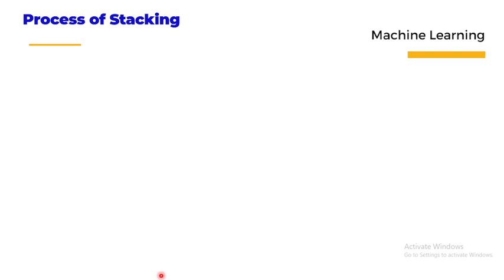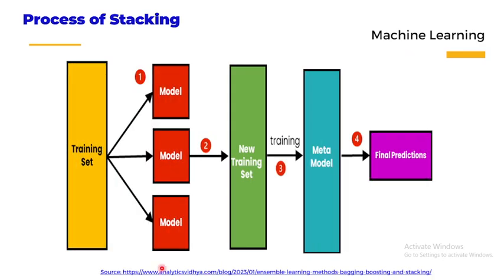We will understand the process of stacking with the diagram. Here you can see we use the initial training data set to train a number of algorithms, and these algorithms are different, or heterogeneous, strong learners.